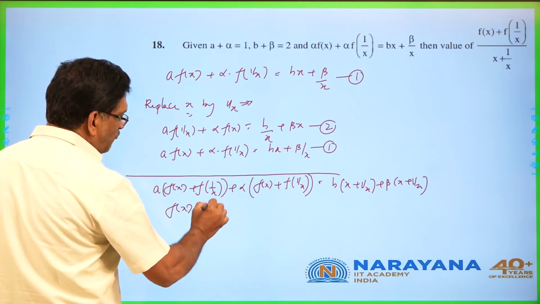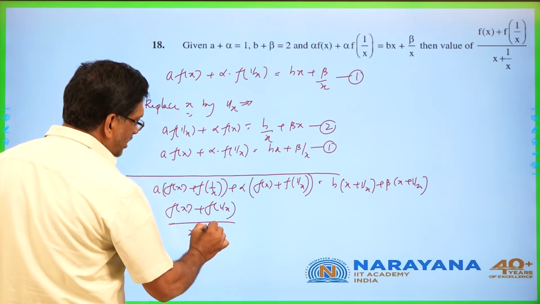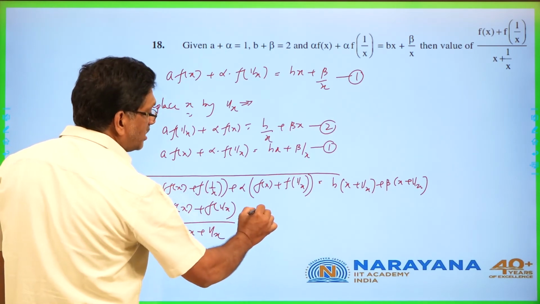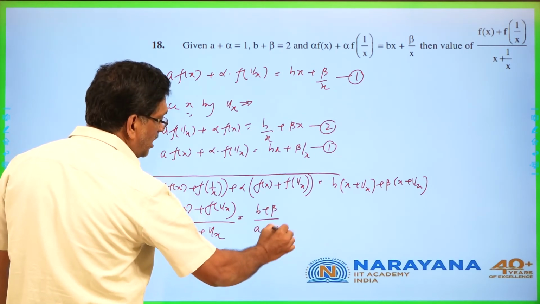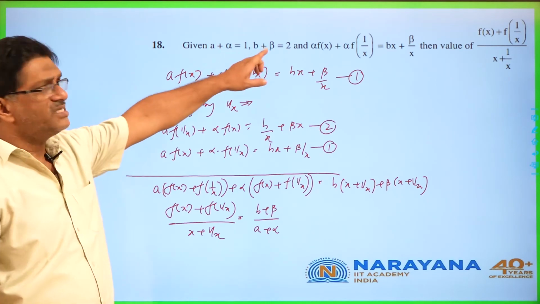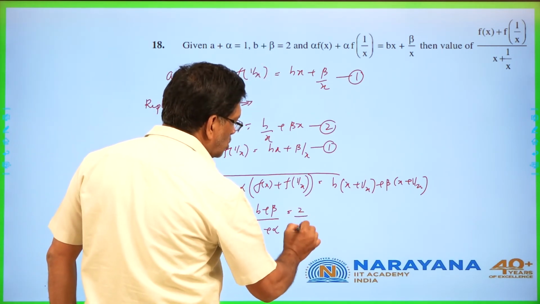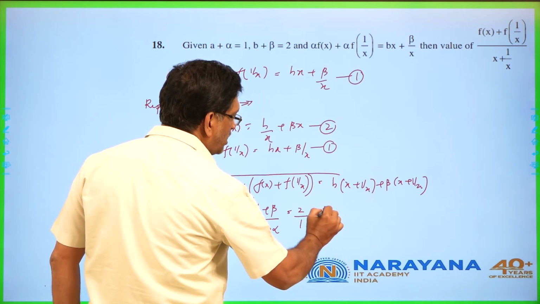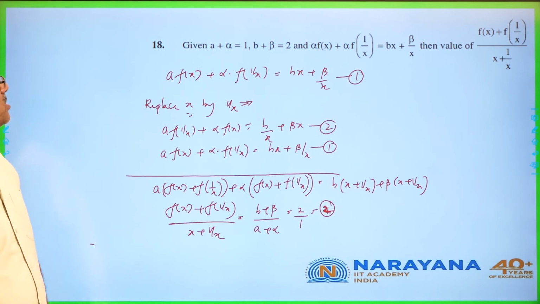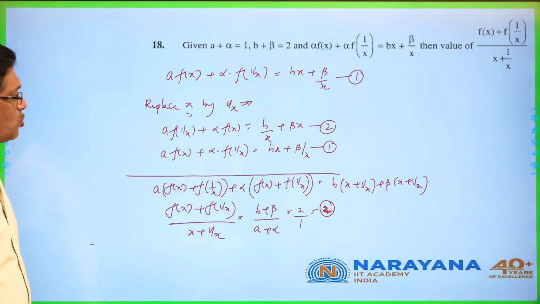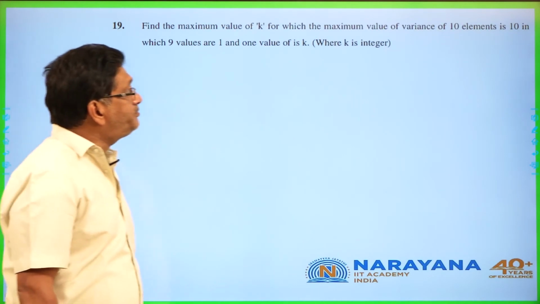So (f of x plus f of 1 by x) by (x plus 1 by x) is equal to (b plus beta) by (a plus alpha). That is the reason he has given this information: b plus beta is 2 and a plus alpha is 1, so it is 2. Right? Okay. Good question, simple. Let us go to the next question.